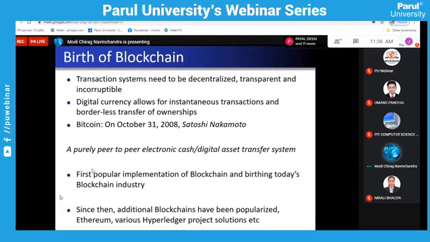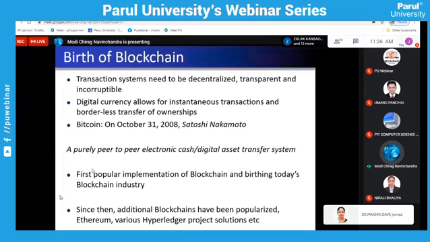Earlier, blockchain was used only for performing financial transactions, but as financial transactions are in the form of digital data, and data can be anything, this concept can be used for various applications. But Bitcoin can be considered the birth of today's blockchain industry.